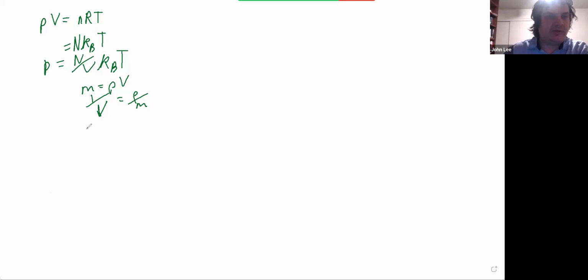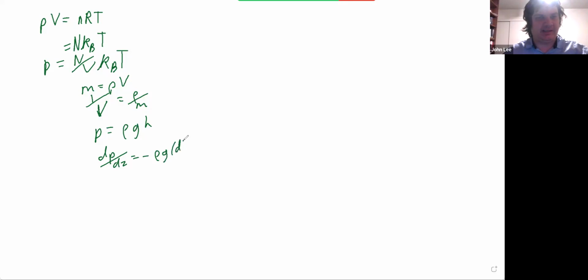We remember that P equals rho g h, so dP/dz is negative rho times g, because as h increases, it's going down, going from a lower to a higher pressure.